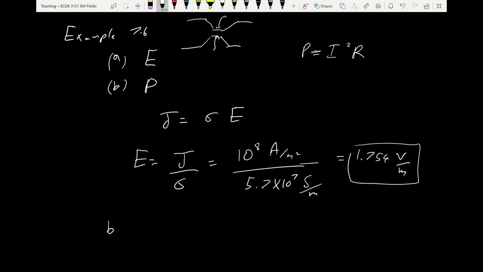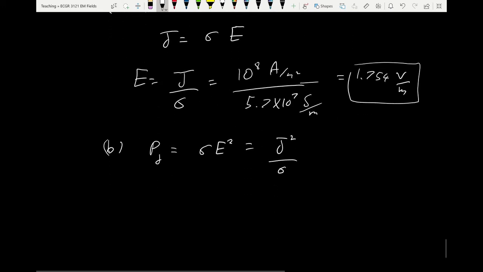Right? What about the power dissipation? Well, we did find the equation for the power dissipation. We expressed it in different ways. It was essentially either sigma E squared, so we could use the E that we found, or it could be expressed as J squared over sigma, right?